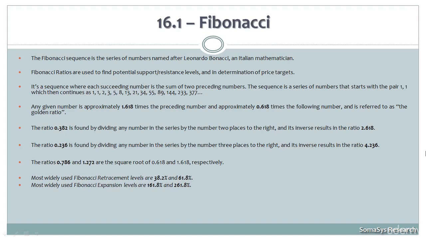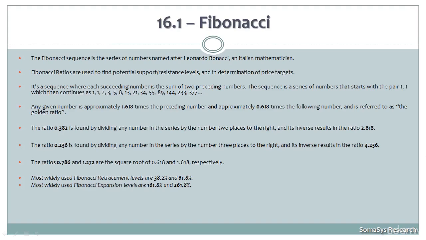It's a sequence where each succeeding number is the sum of the two preceding numbers. The sequence starts with the pair 1, 1, and continues as 1, 1, 2, 3, 5, 8, 13, 21, 34, 55, 89, and so on till infinity.